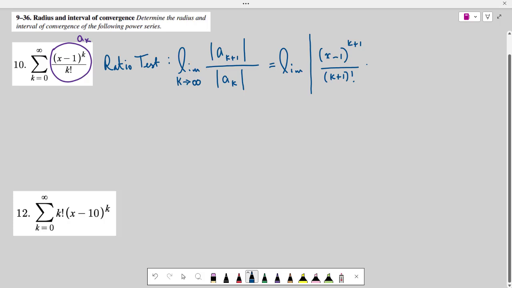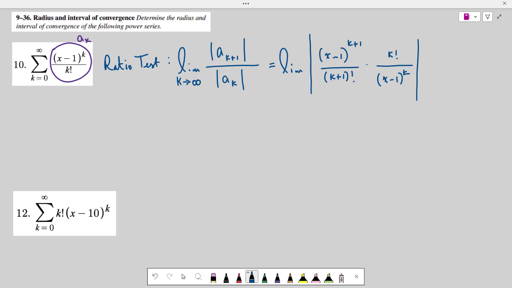With our series of numbers, we often just got rid of the absolute value, but that's totally off here, because x can be anything. It's a real number. x could be 0, and then 0 minus 1 is negative. We need the absolute value, so absolute values have to stay here. Now we flip a sub k, so we get k factorial divided by x minus 1 to the k. So there is our setup for the ratio test.